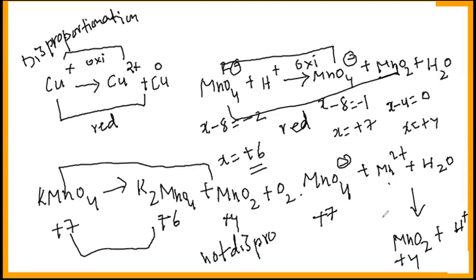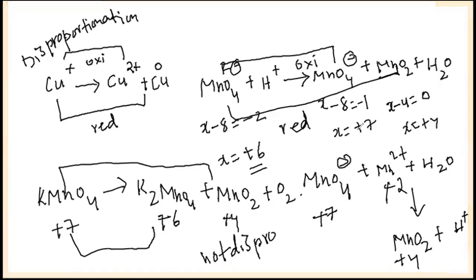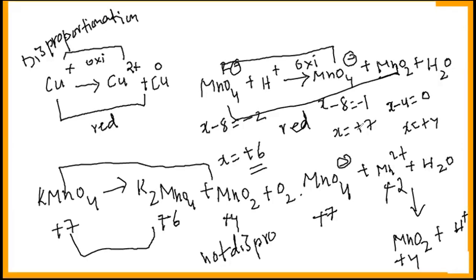Here also we cannot predict plus 7 to plus 4, since these are two different elements. But we are saying the same element should undergo both oxidation as well as reduction. That type of reaction is known as a disproportionation reaction.